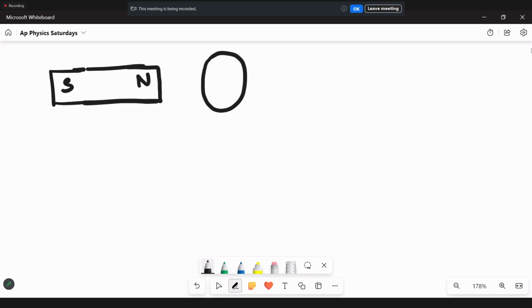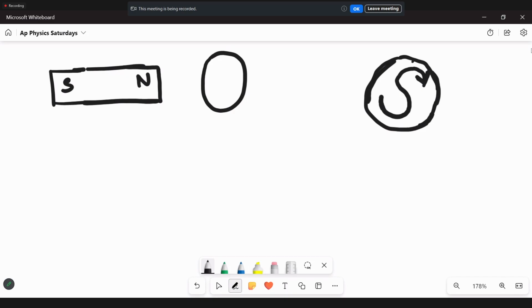If you want to find out the direction of induced current in this loop, due to the magnetic bar that I'm bringing close to it or away from it, one of the things that will be very useful for you is this. Write it down in your notebooks, okay? This is very important what I'm telling you. Look, can you see S here, that I'm writing an S here?